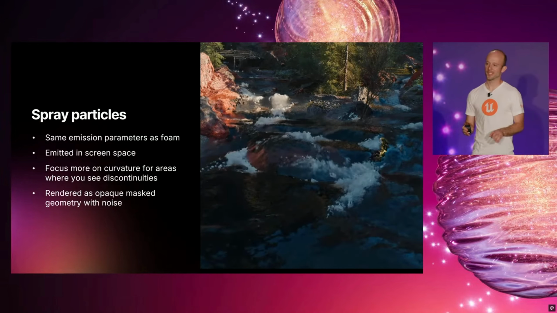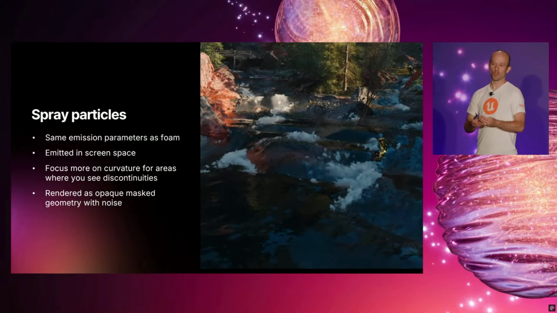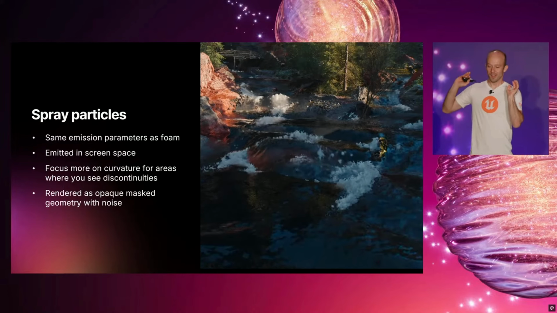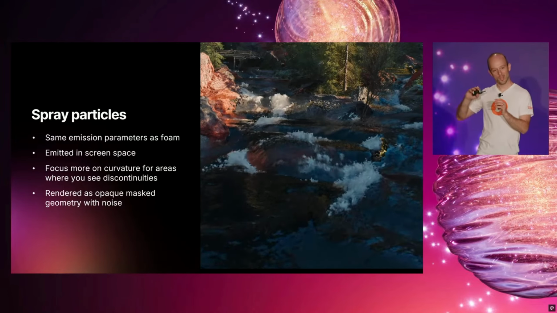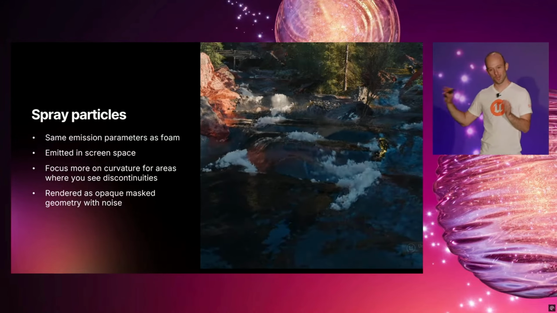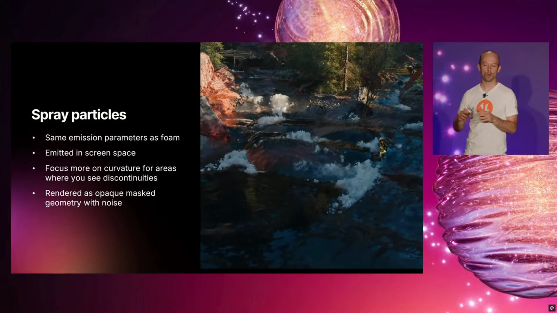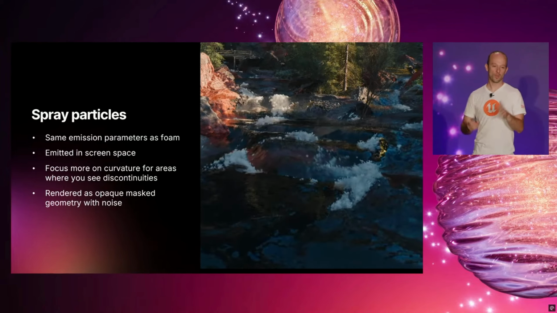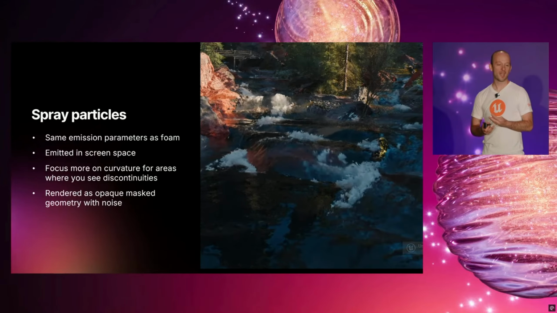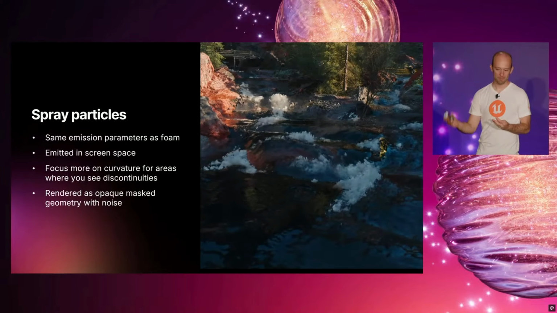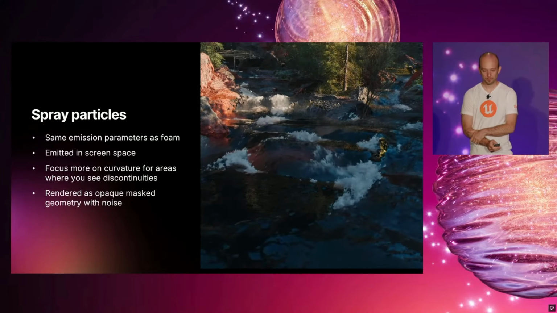That is by far the fastest way to render whitewater. It's a little unfortunate, because there's only so much you can do with masked opaque particles, and it makes it really tricky, but you can get a nicer look when you use transparent particles too, or meshes. So there's a lot of flexibility with the system to change how you render the foam and the spray particles, and you can get different looks from it.